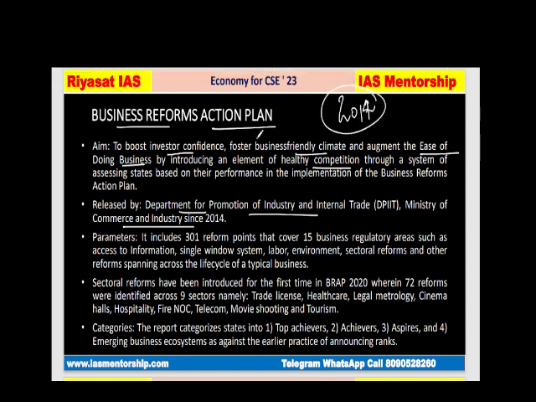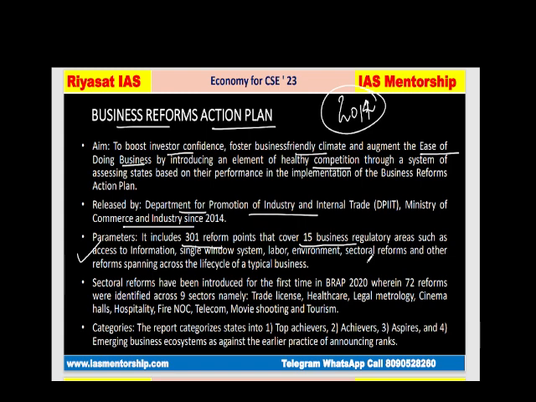Clear? What does it include? It has 301 reform points that cover 15 business regulatory areas such as access to information, single window system, labor, environment. Basically, it covers everything.